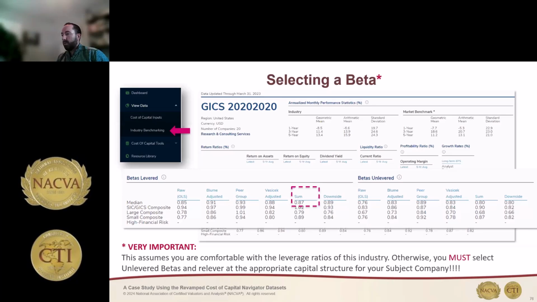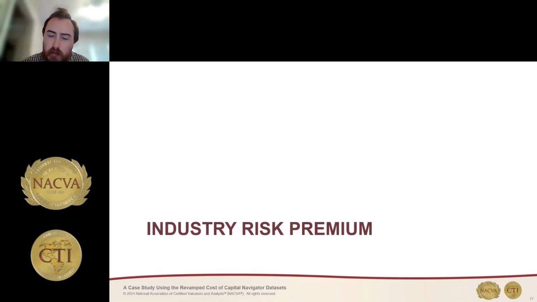We would recommend you select an unlevered beta and relever at the appropriate capital structure of your subject company. So on the tear sheet view, you would be able to see what is the capital structure of this industry for these betas. I'm going to talk a little bit about the industry risk premium.